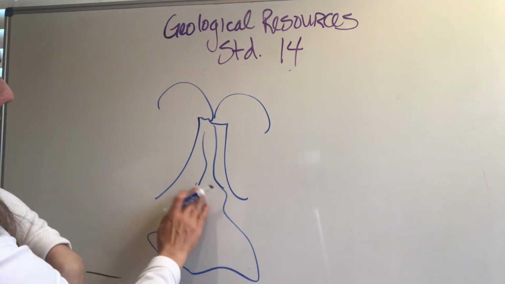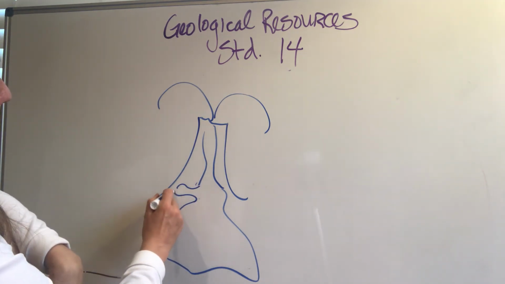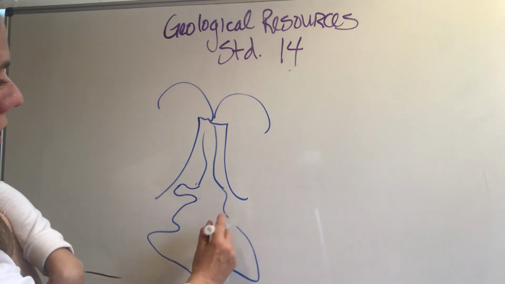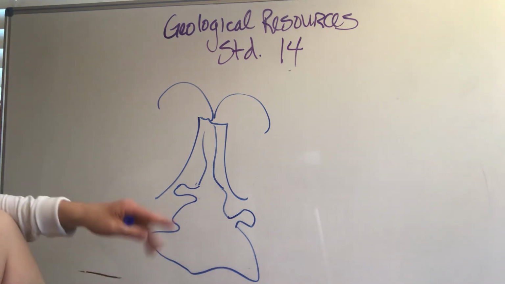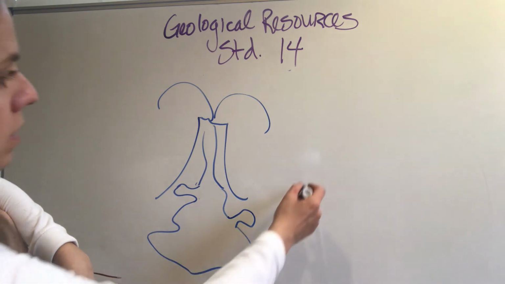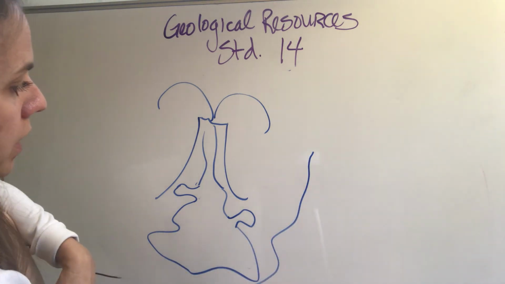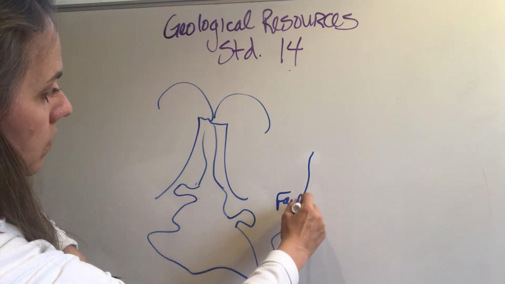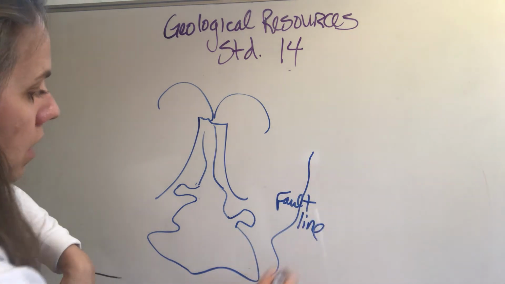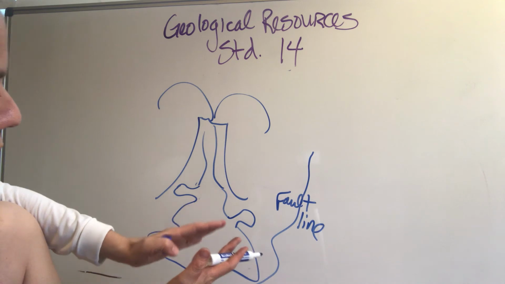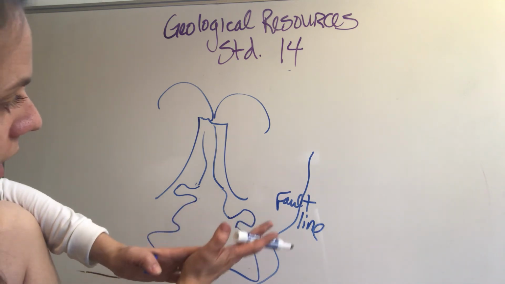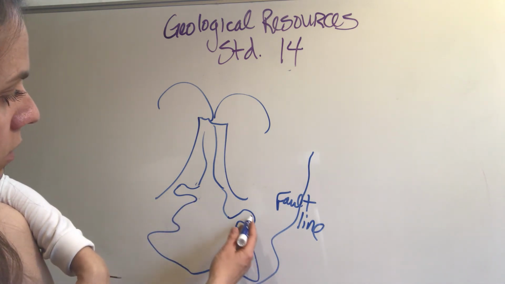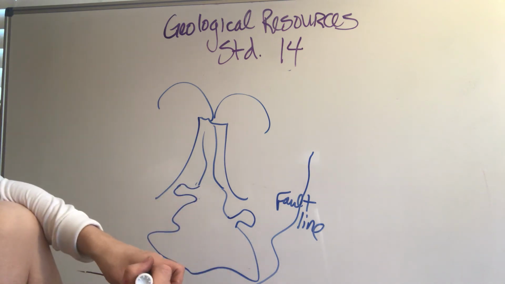And we know that they form pockets over here to the sides. And then that metamorphic process probably comes in somewhere over here where a fault line is. So we've got two land masses colliding, also creating metamorphic rocks.